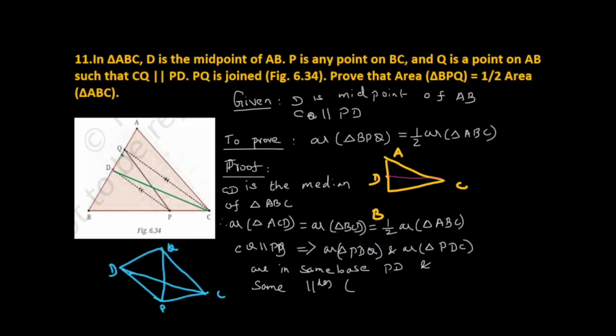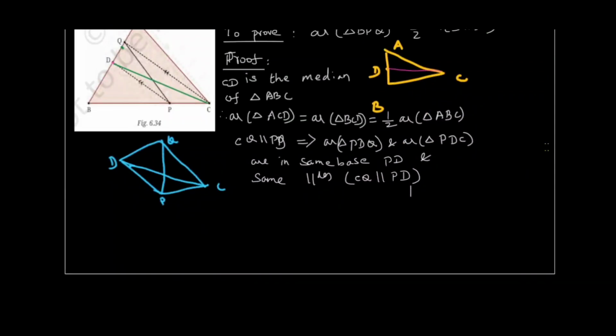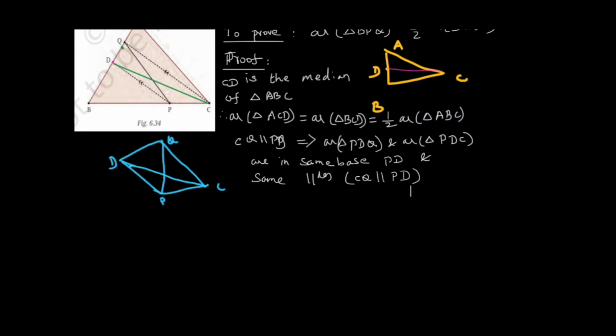The parallels are CQ parallel to PD. So these two triangles are between the same parallels and have the same base. So the areas of these two triangles are the same. Therefore, area of triangle PDQ is equal to area of triangle PDC.